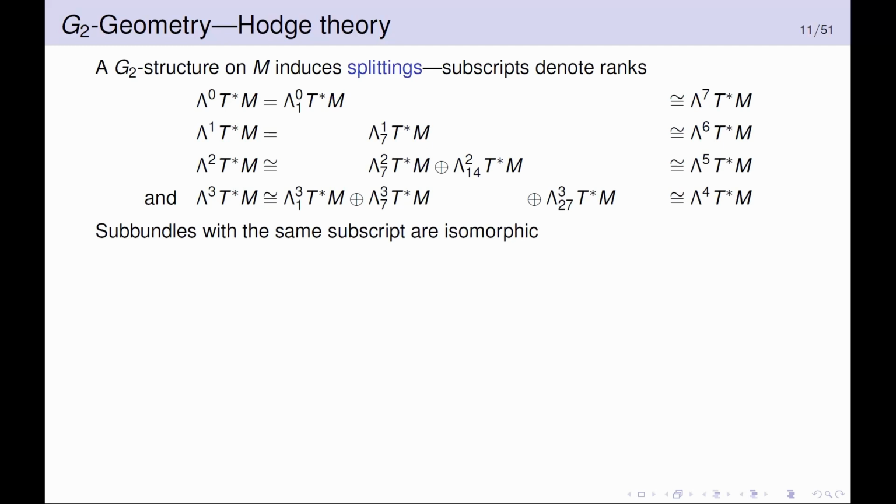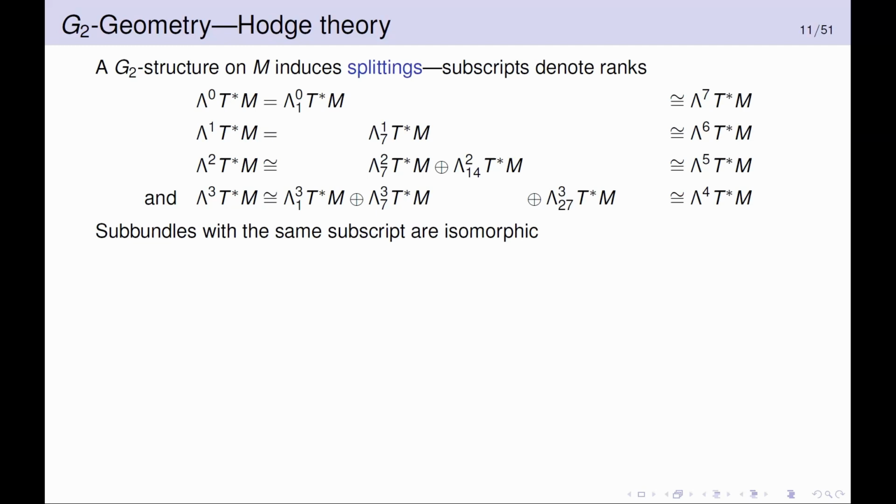In fact, 14 is the dimension of G2. That one corresponds to the Lie algebra g2. And the 7 is the dimension of the tangent bundle, and you get these 2-forms by inserting a vector field into this form. So that explains the splitting of lambda 2.